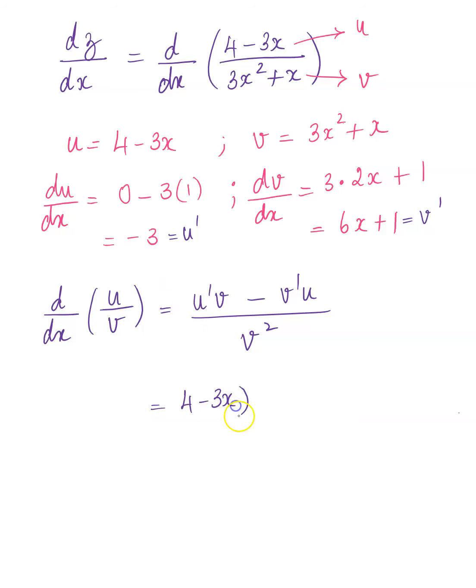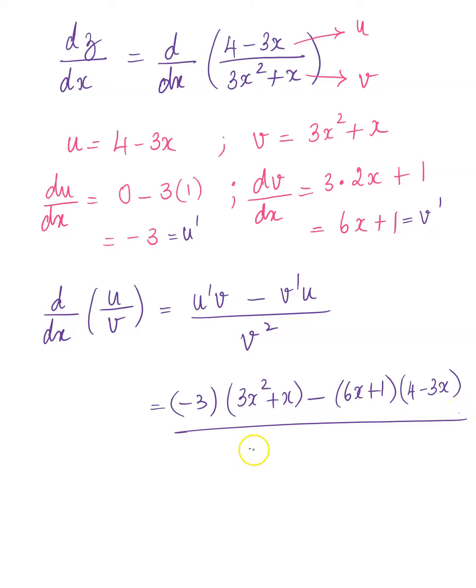Negative 3 times v, which is 3x squared plus x, minus v prime, which is 6x plus 1, times u, which is the top, all over v squared, 3x squared plus x, the whole square.